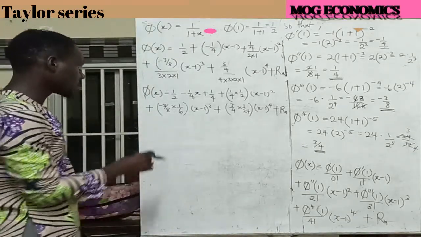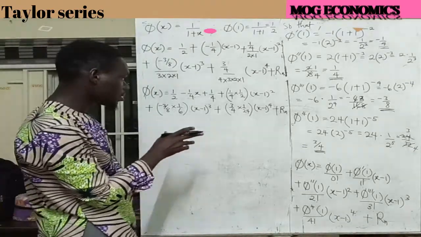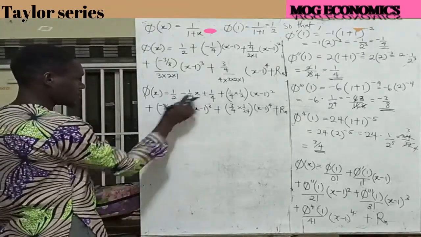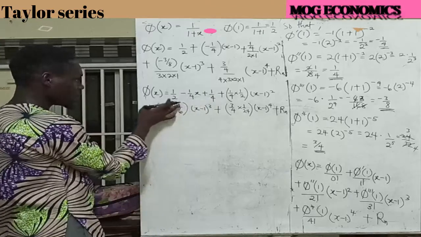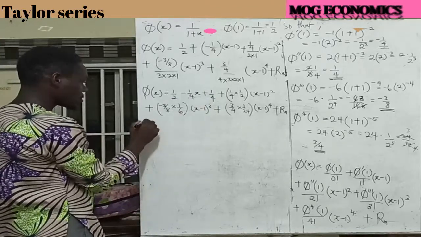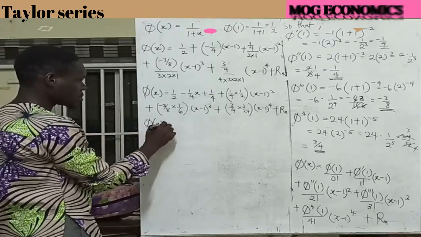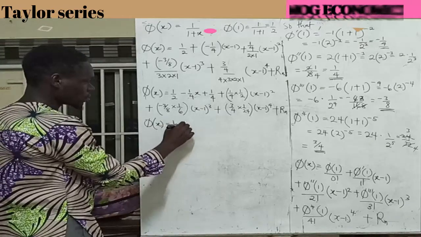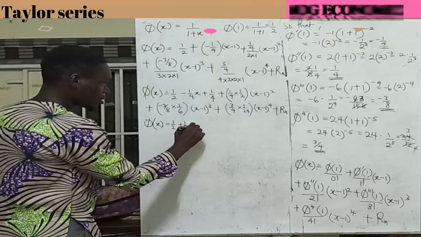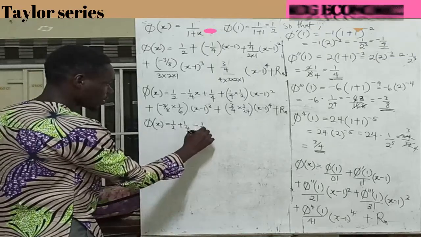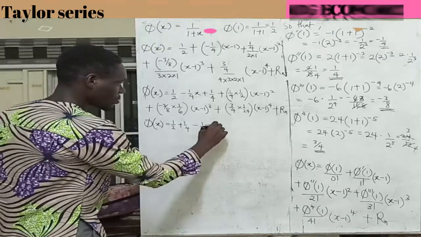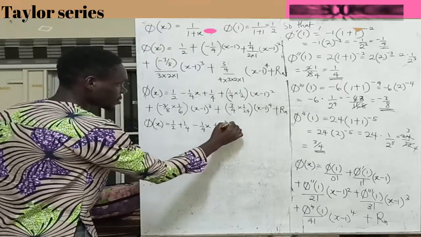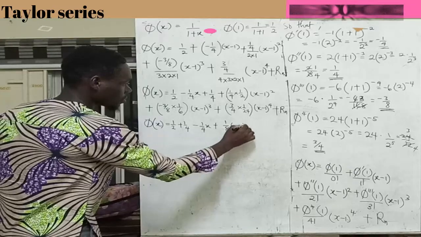Alright, so here we bring this here. This is without the variable, so we collect the like terms. So this becomes this plus 1 over 4, minus 1 over 4x, plus this times this becomes 1 over 8, x minus 1 squared.